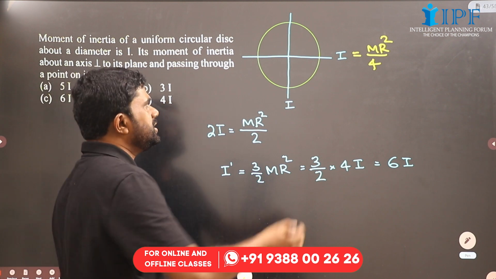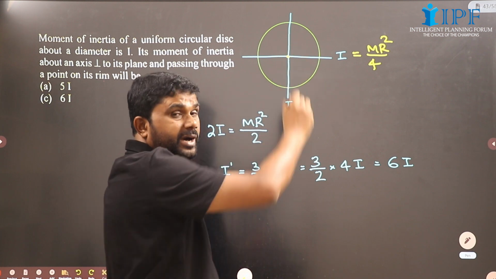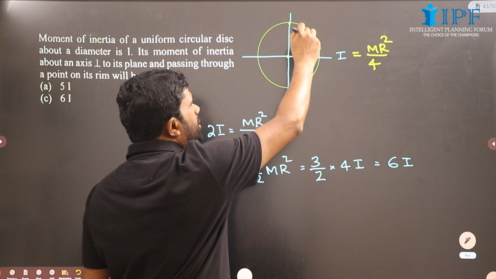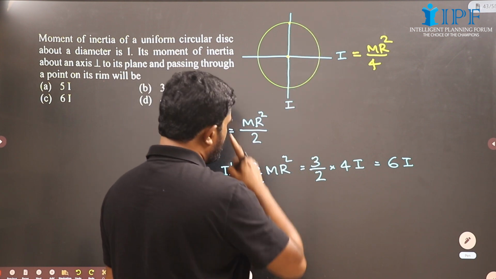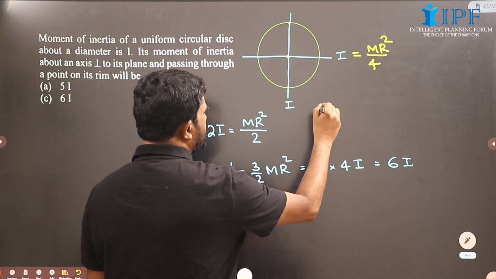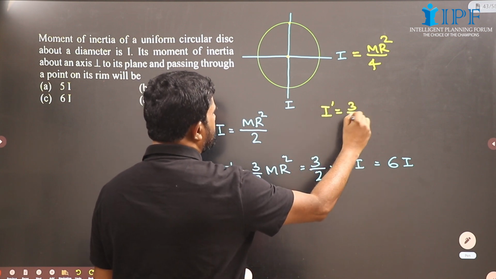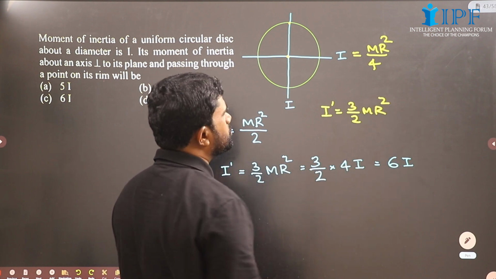See, the moment of inertia about the center axis is mr square by 2. And about this axis it will be mr square by 2 plus mr square, that will be 3 by 2 mr square. Okay, so the required moment of inertia I dash will be 3 by 2 mr square.